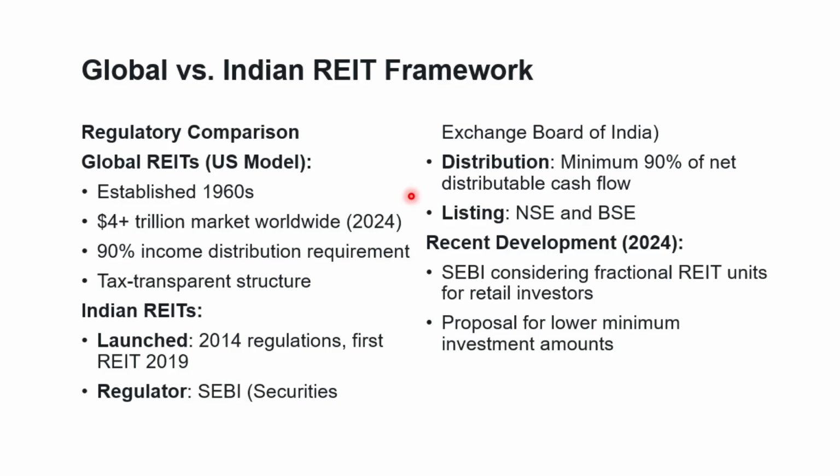That helps investors earn good dividend income, and it is mandatory for REITs in India to list themselves on stock exchanges. So it is kind of a hybrid investment vehicle, which has both the qualities of real estate and the qualities of stocks, as it is similarly listed on the stock exchange.